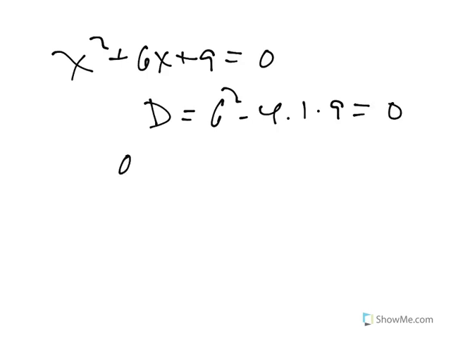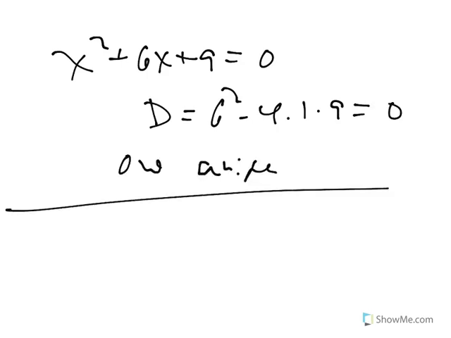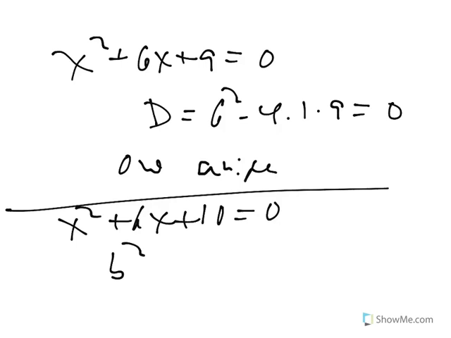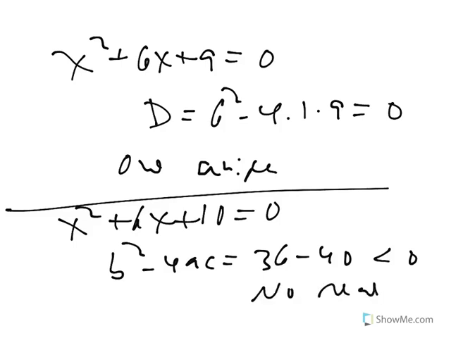So they would just be 1 unique. And if I had x squared plus 6x plus 10 equals 0, then b squared minus 4ac would be 36 minus 40, which would be less than 0, so it would be no real.